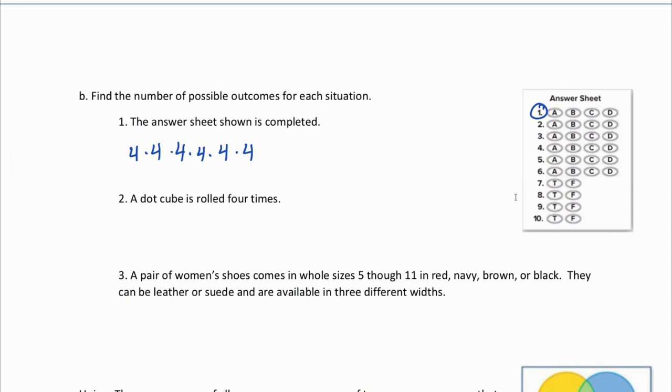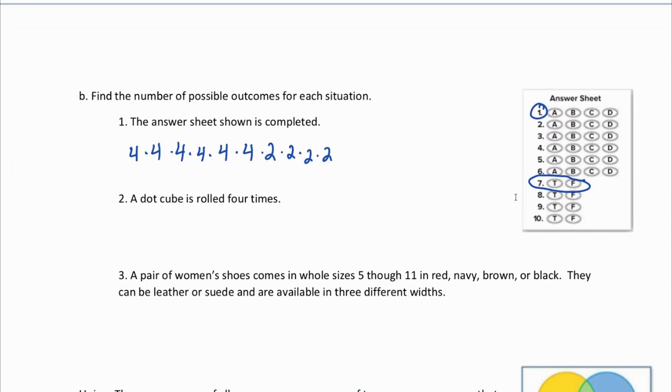But then we get to the 7th problem and we start seeing that there's actually only 2 here. So for this stage, instead of multiplying by 4 options, we really only have 2. And we also have 2 for 8, 9, and 10. So this is treating each question as a separate stage of an experiment.